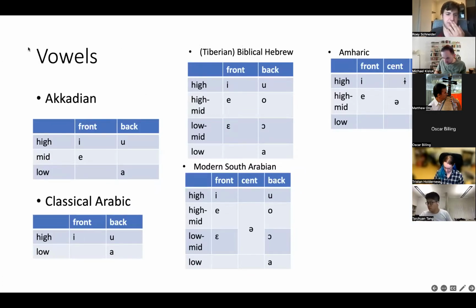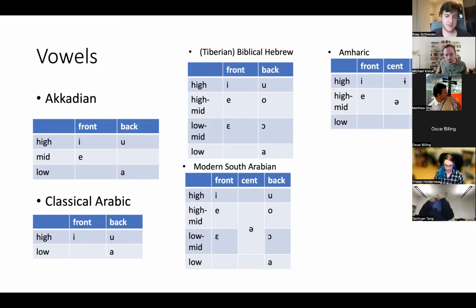And just to compare, these are the vowel systems. If any of you have studied the European languages, I'm sure you know that they have much more complex and diverse vowel systems than these. Correct me if I'm wrong.